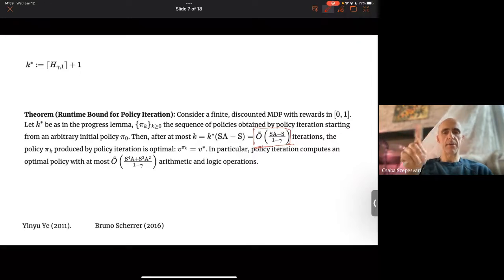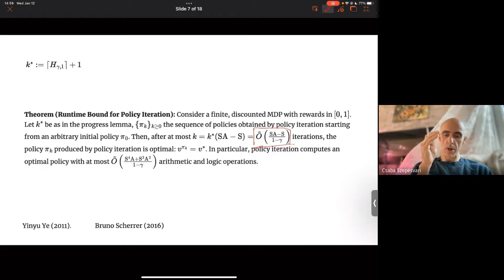You cannot switch between the actions, because then you can just jitter and you will never converge. So after this many iterations, the policy is optimal.